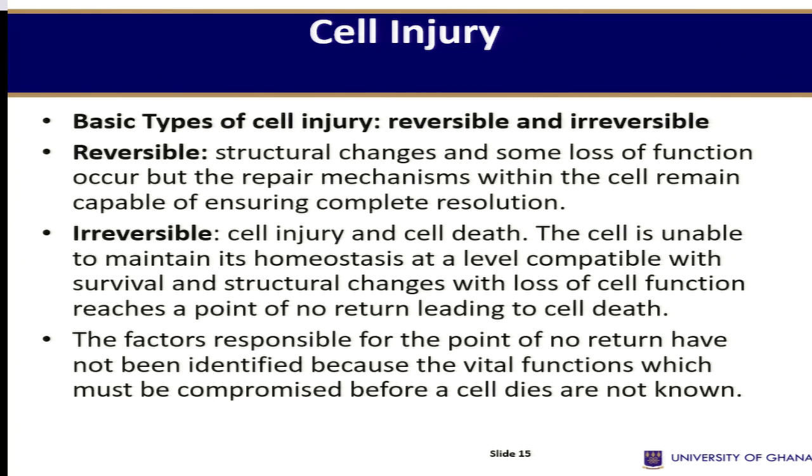Reversible injury means that structural changes and loss of function occur, but repair mechanisms bring the cell back if they are successful. An irreversible injury means the cell is irreversibly damaged and will die.